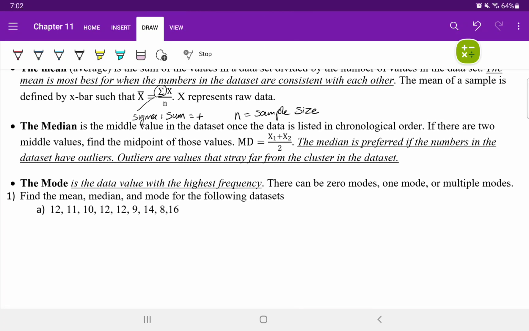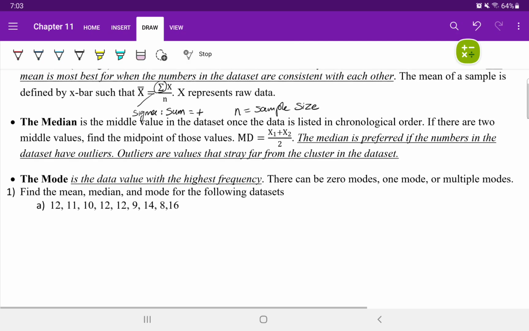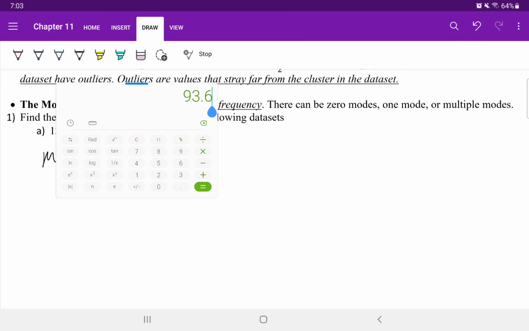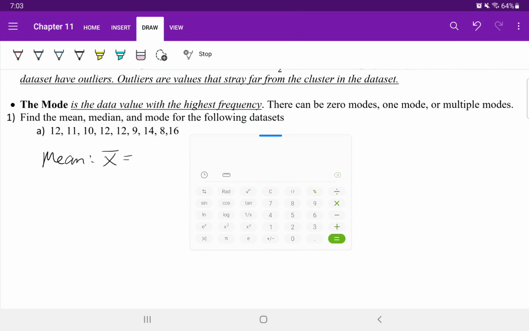For question number 1, A and B, we want to find the mean, median, and mode of the data set. Let's find the mean. To find the mean, which is x bar, we're going to add up all the data values. So let's add 12 with 11, 10, 12, 12, 9, 14, 8, and 16.